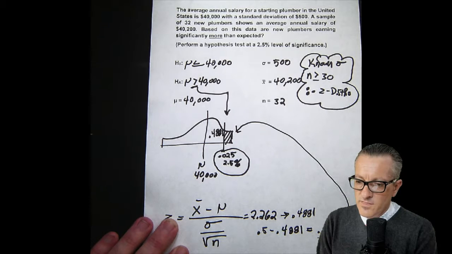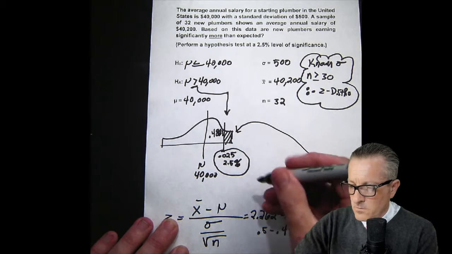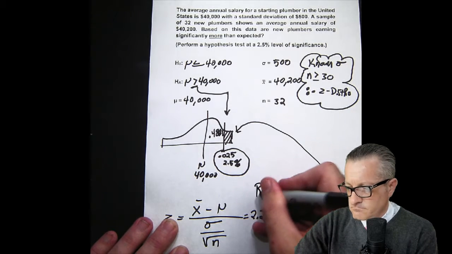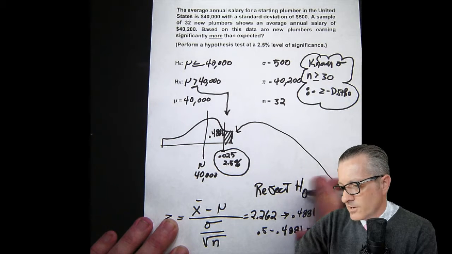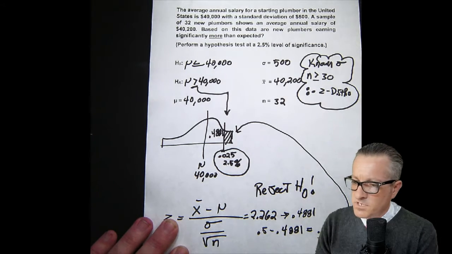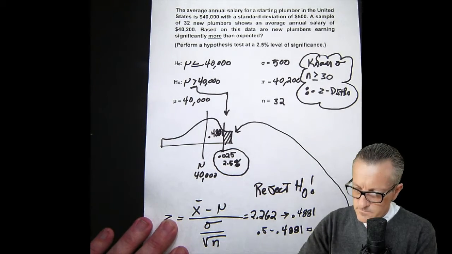Thus, we think that the null hypothesis might not be right, which means we're going to reject H0, which means plumbers may be making more than expected.